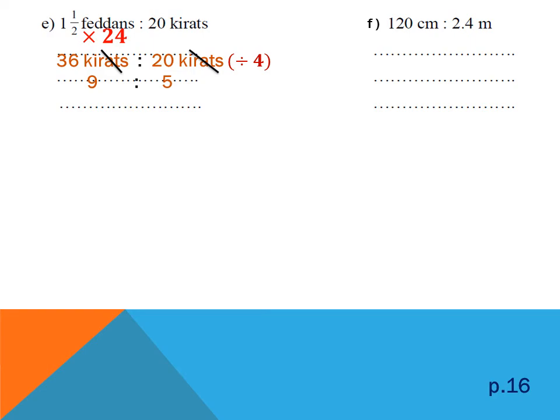120 centimeter to 2.4 meter. The larger unit here is meter. Convert meter to centimeter. How? Multiply 2.4 times 100 and rewrite 120 centimeter as it is. Then convert 2.4 into centimeters, it's equal to 240 centimeter.